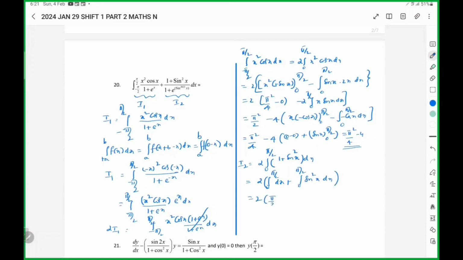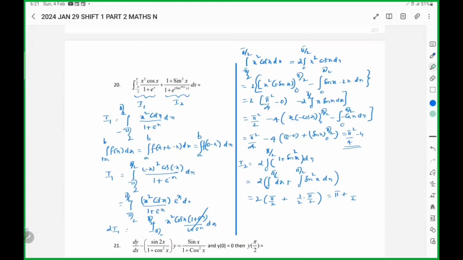X here it is pi by 2 plus half into pi, it is pi by 2.